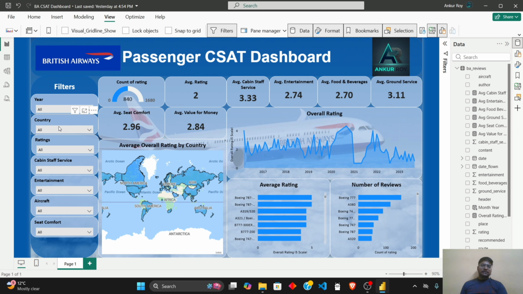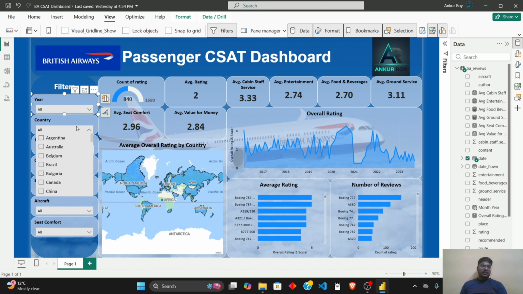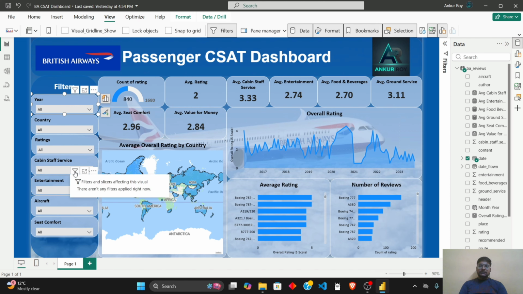Users can drill down by year, country, aircraft type, and individual service ratings, enabling focused analysis. All KPIs and visuals update dynamically based on these selections, making the dashboard highly flexible for both strategic and operational decision making.